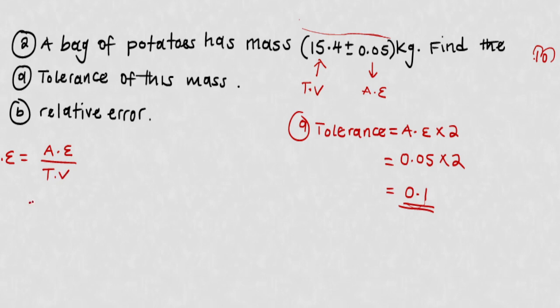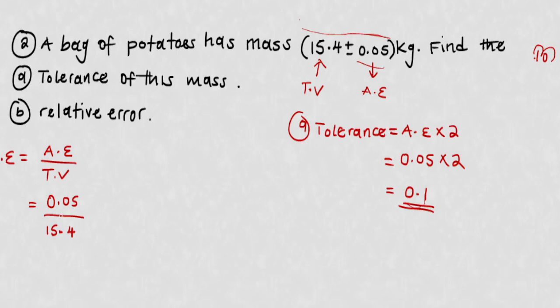What is our absolute error? If you check in here, our absolute error was 0.05. Then what is our true value? Our true value was 15.4.